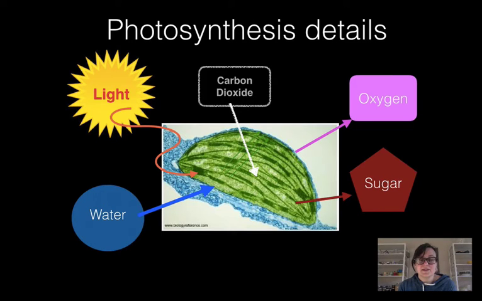So as the chloroplast is doing photosynthesis, it will be releasing oxygen and sugar. Sugar is that stored up chemical energy. This is why we sometimes say that photosynthesis is the process of a plant making food for itself. It's really making a sugar or something similar that's storing up energy that the plant can use later.